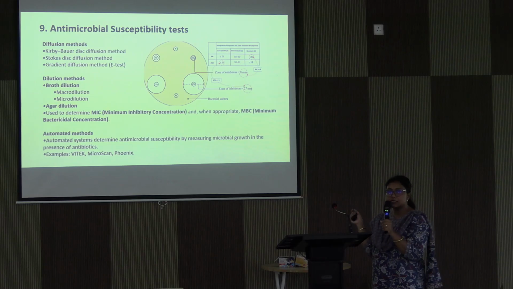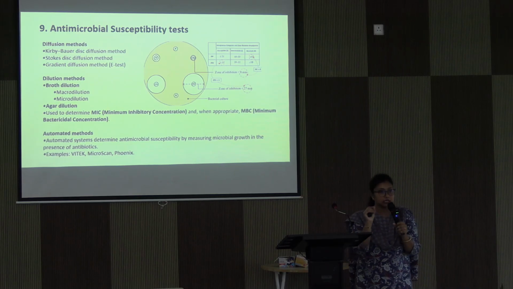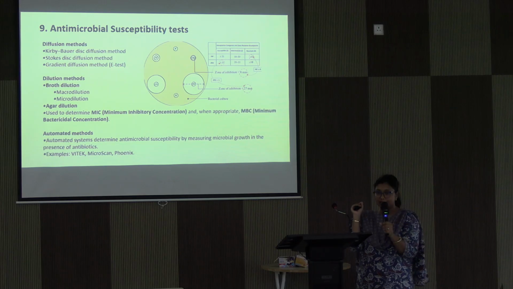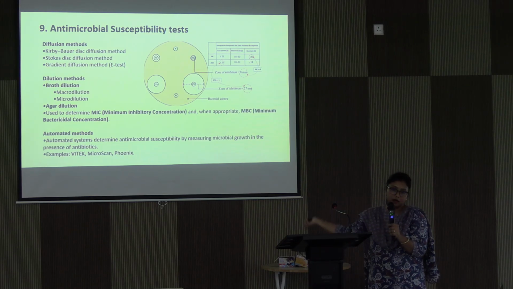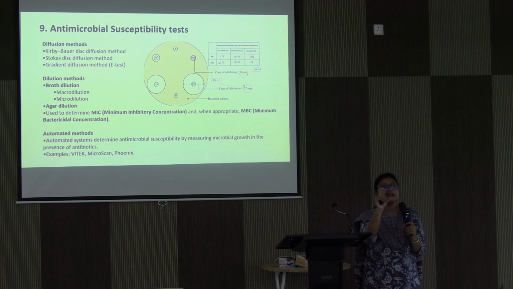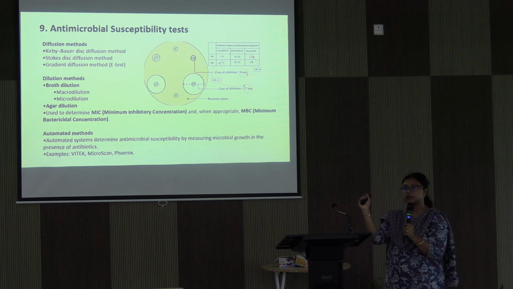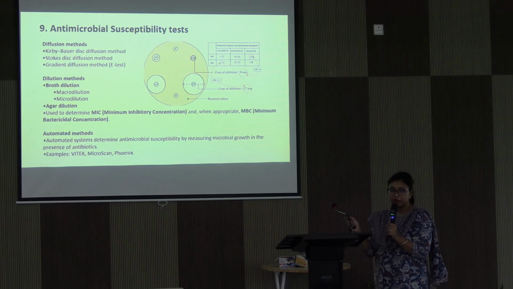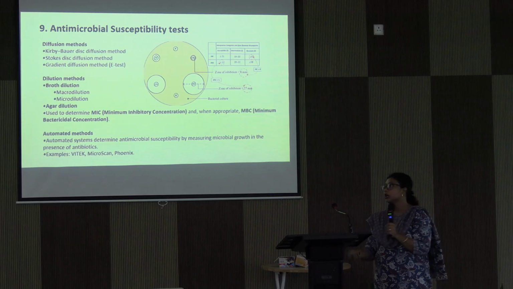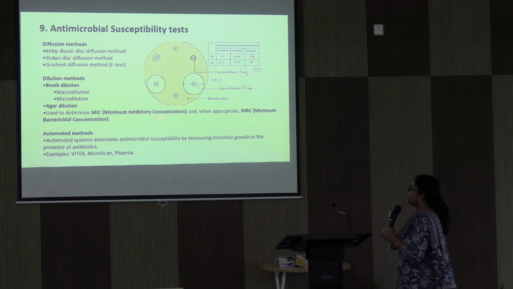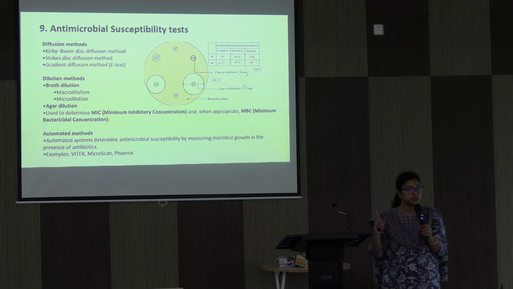MIC is the lowest concentration of the antimicrobial at which the microbe is not growing, visibly it is not there. If it is more, that means it is resistant to that drug.